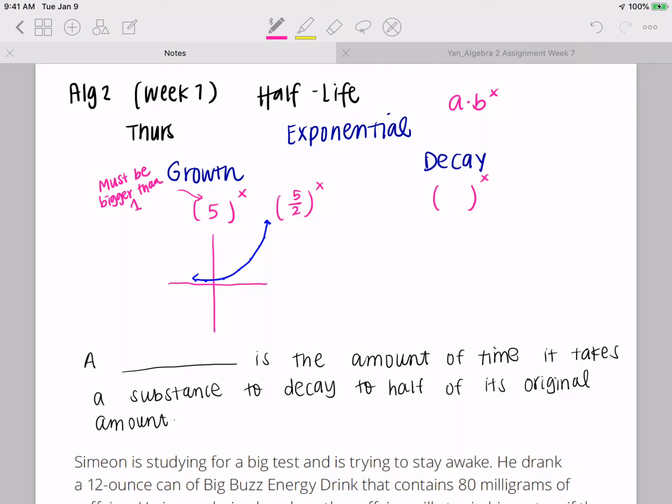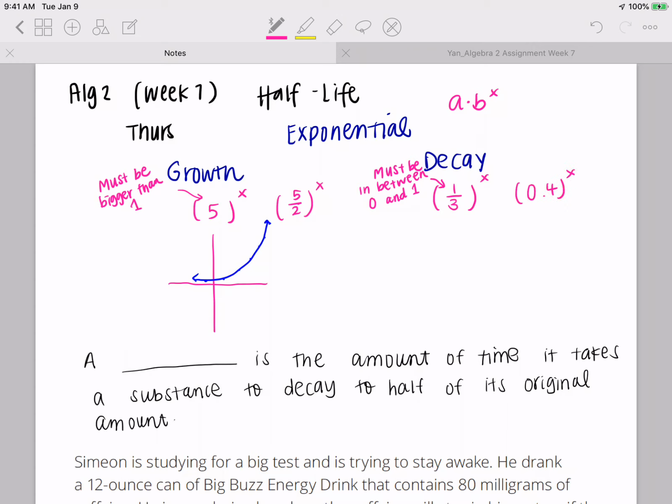We want a number that must be in between 0 and 1. Most of the time you would see fractions or decimals, like 0 point something, or let's say 1 over 3 or 0.4.